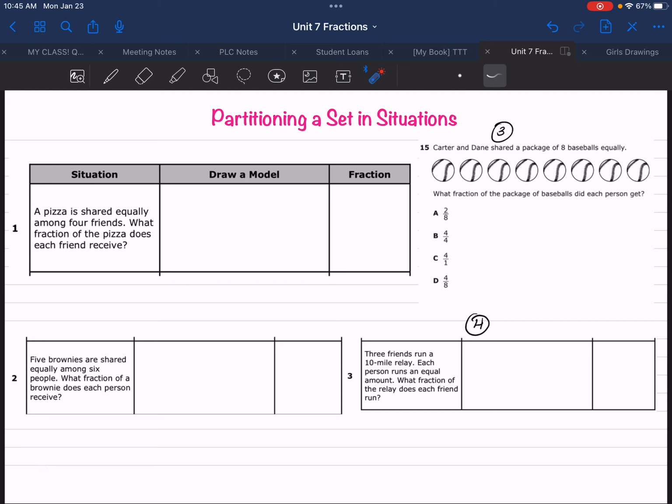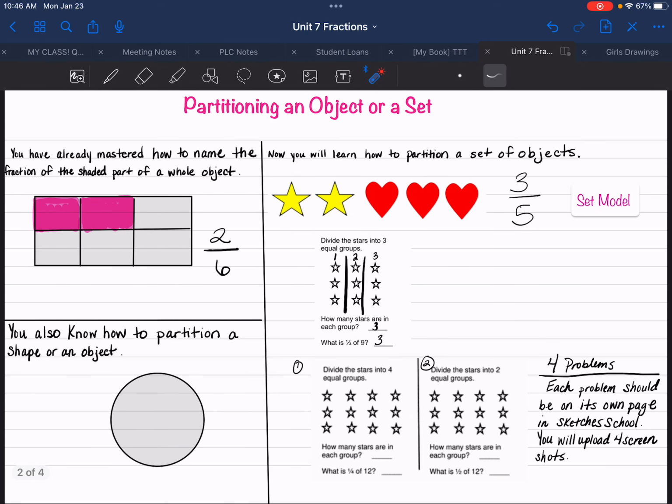Okay, so now you have practiced partitioning shapes, and you have practiced how to partition a set of objects. So we did shapes, then we did objects, and then you were able to tell me how to partition them into equal groups.